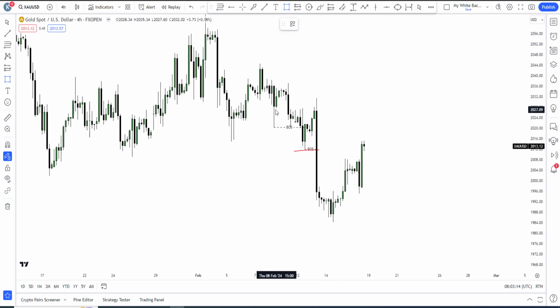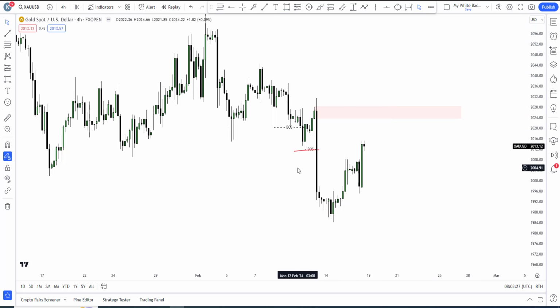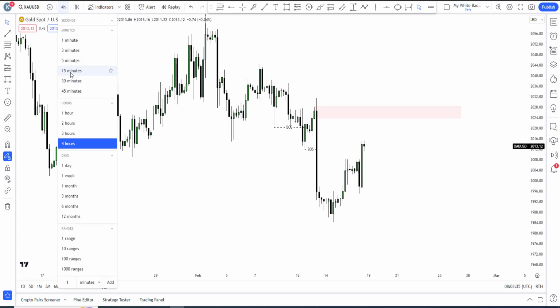Now you have to go and watch all the block video, all the fair value gap videos before you can understand what I'm saying. So your point of interest and your break of structure are the only things that are very important in the higher time frame. So once you have a break of structure, you know where price may possibly go to. The lower time frame you do differently for it.